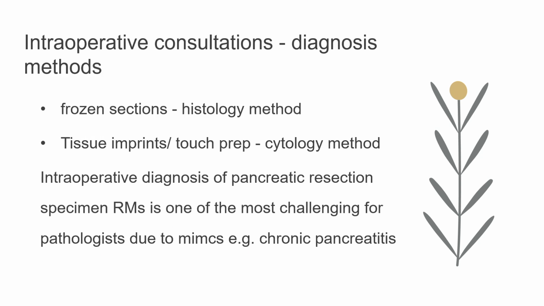So the ways that we do frozen sections, that is the histology method. It is cut in a frozen section, where we receive the specimen and snap freeze it with liquid nitrogen and cut it with the frozen microtome. And the frozen microtome has to be ready.